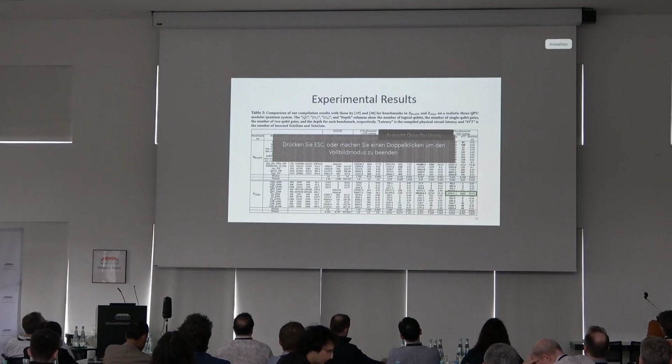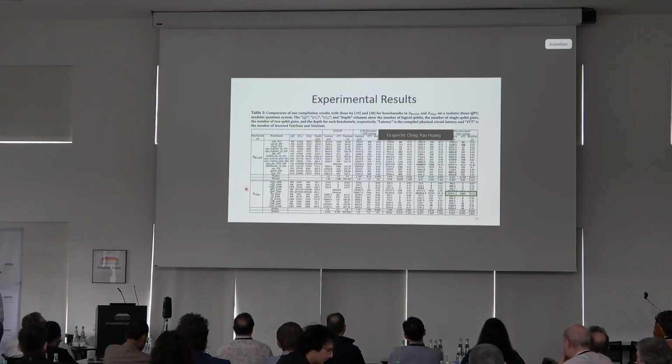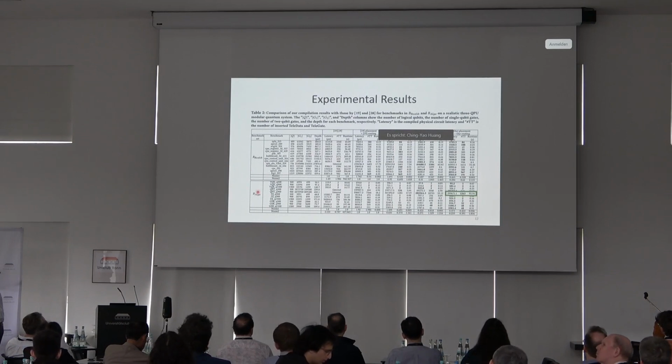Our framework has a higher runtime compared to reference 19 due to its more sophisticated routing strategy. However, it remains efficient in practice as it can compile a circuit with 900 qubits and more than 800K 2-qubit gates in under 100 seconds, as highlighted in the green rectangles. For more analysis, please refer to section 4 of our paper.